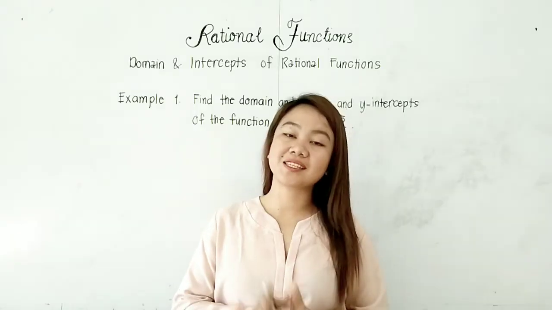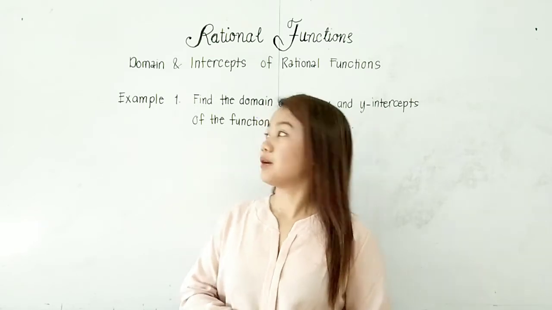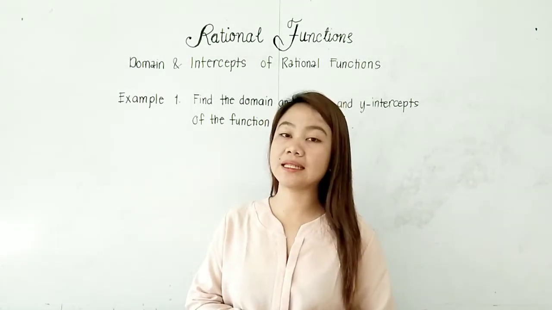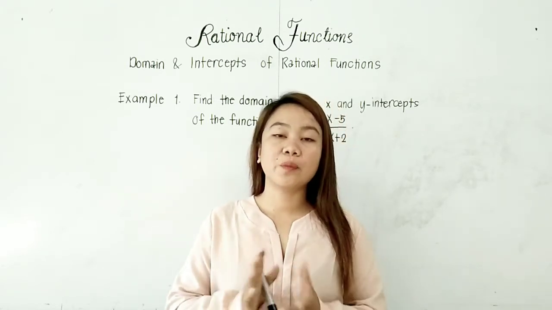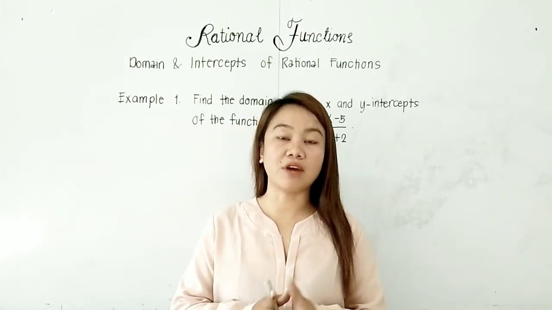Okay, so now let's discuss the domain and the intercepts of a rational function. Before we have our example number 1, let us know first what is domain and what are the x and y-intercepts. So domain is the set of all x values that will make the function defined.